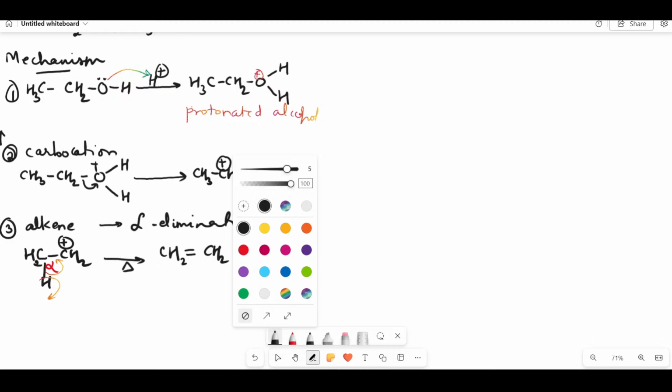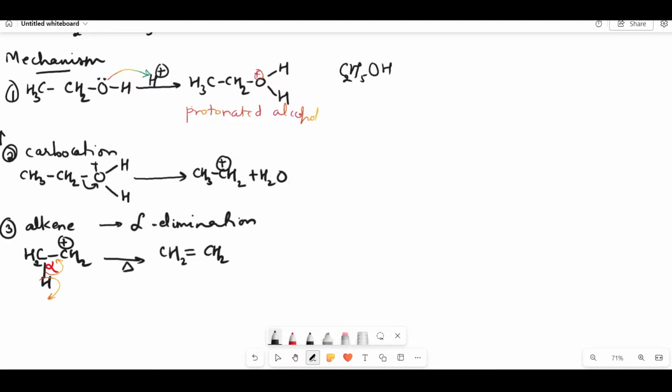Let me take C2H5OH only, an alcohol, in presence of H2SO4, that is H plus, at 180 degrees centigrade.